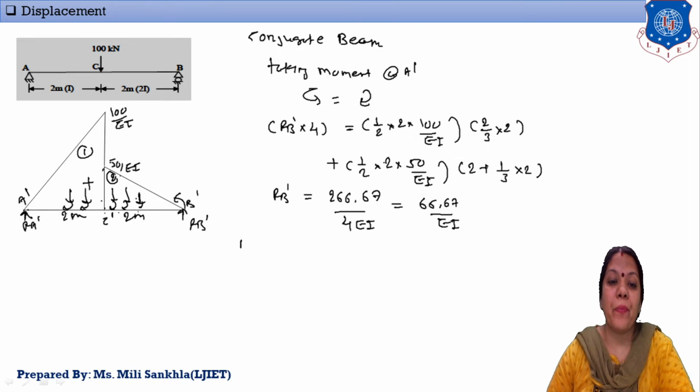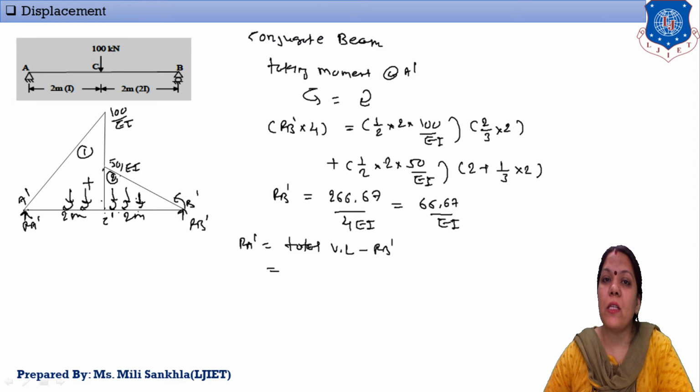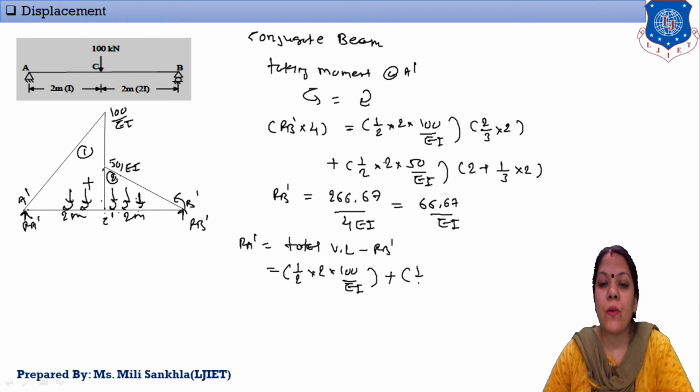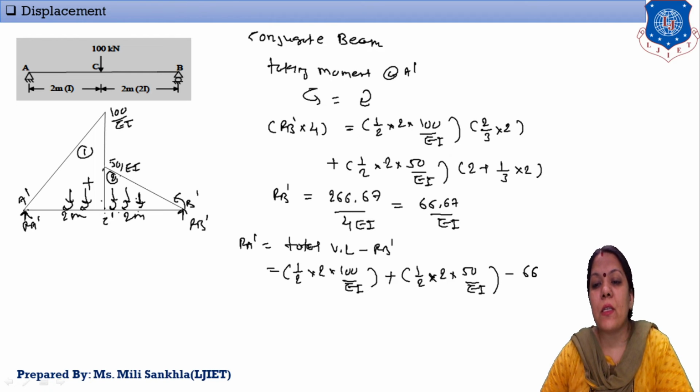Now we find out RA. RA dash is equal to total vertical load minus RB dash. Here two triangles are given, so the area of the triangle is our load, 1/2 into 100 by EI, 1/2 into 50 by EI, because this is ultimately our UVL load. 1/2 into 2 into 100 by EI plus 1/2 into 2 into 50 by EI minus 66.67 by EI.